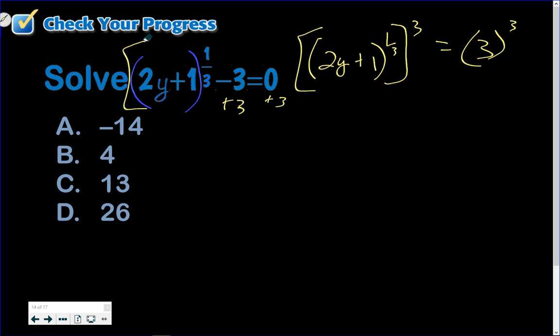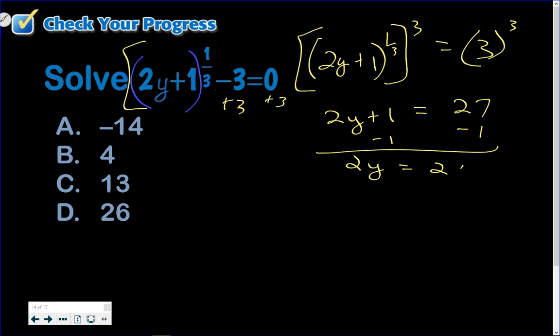Okay, so this changes 2y plus 1 equals what? And then, do I need to check it? Why?